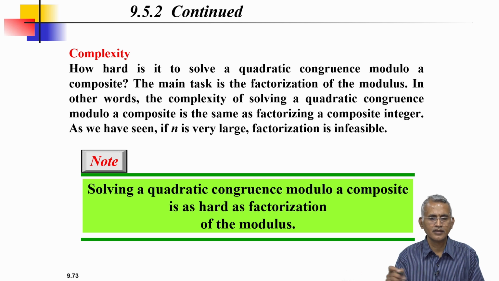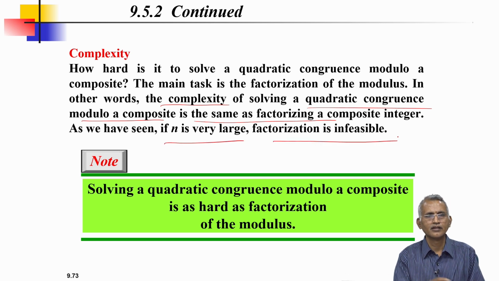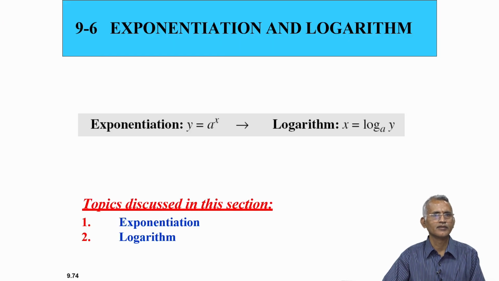In other words, the complexity of solving the quadratic congruence modulo a composite is the same as factorizing a composite integer. So, we have seen that if n is very large, the factorization is infeasible. Therefore, solving a quadratic congruence under modulo a composite is as hard as factorization of the modulus.